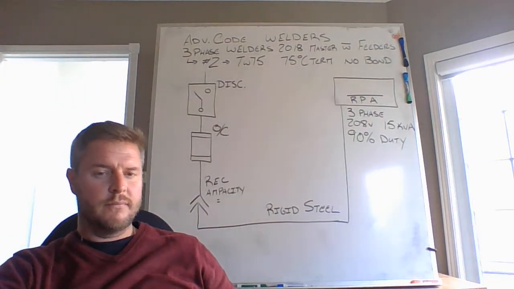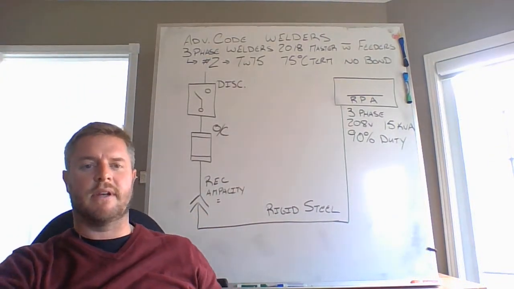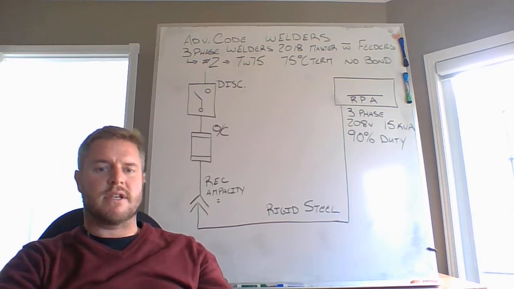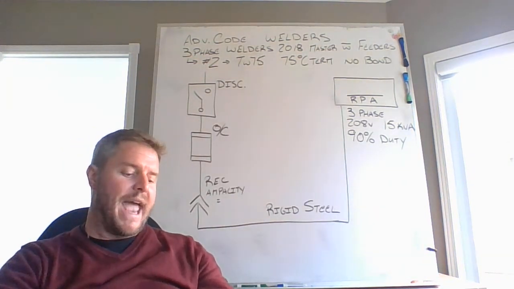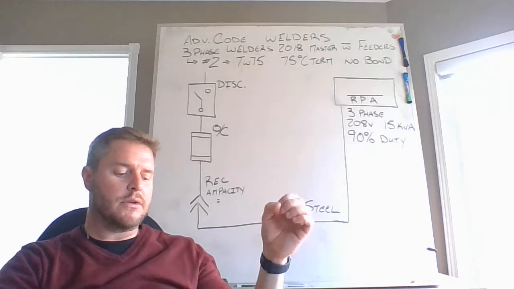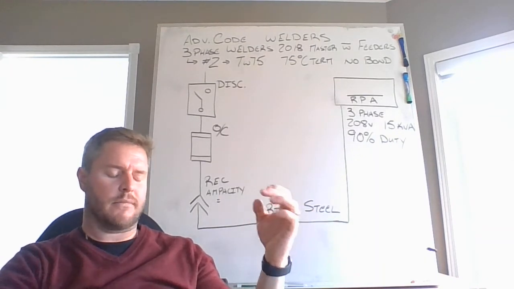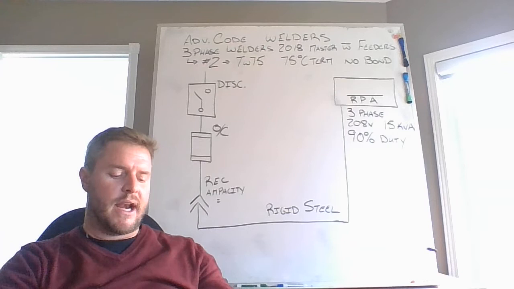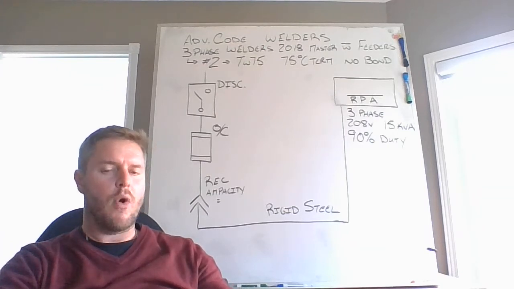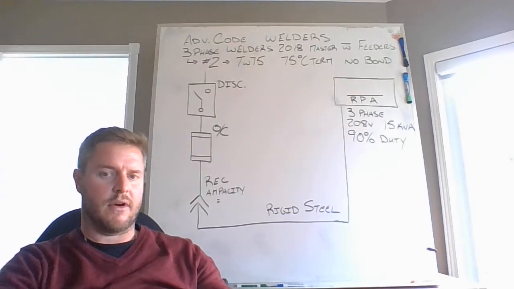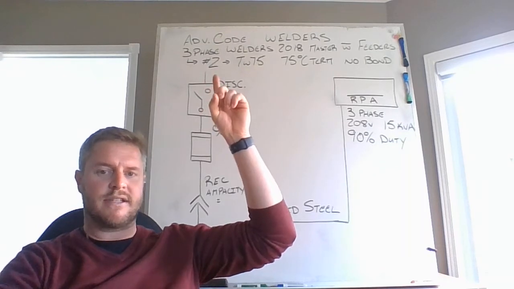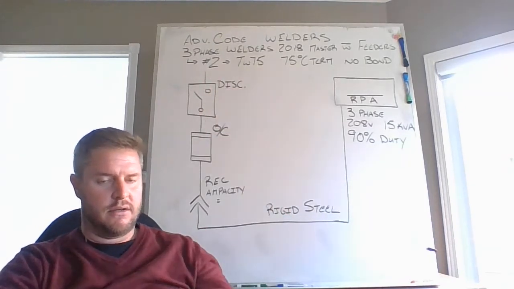Okay, welder calculation, advanced code, welders. This is coming from the heading 3-phase welders, 2008 master with feeders. All right, and we're looking at the second one on that sheet.